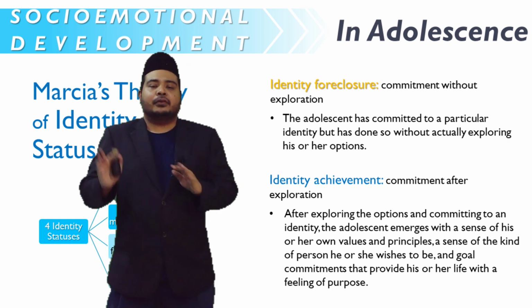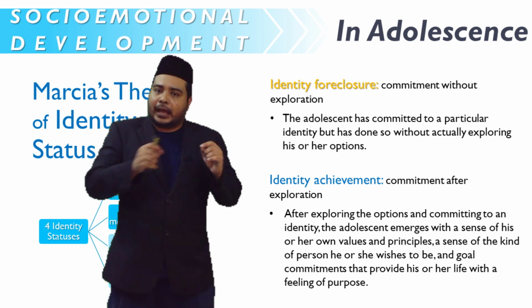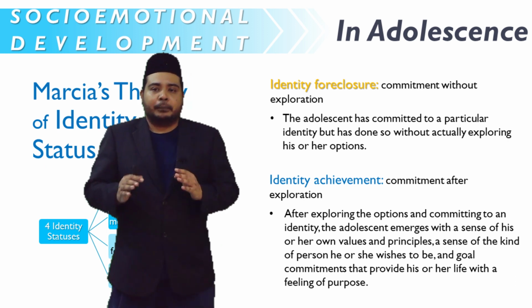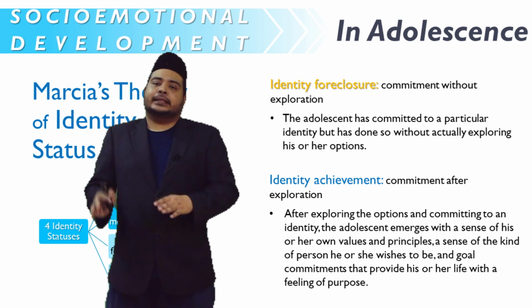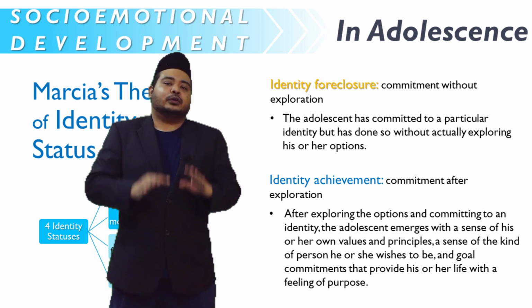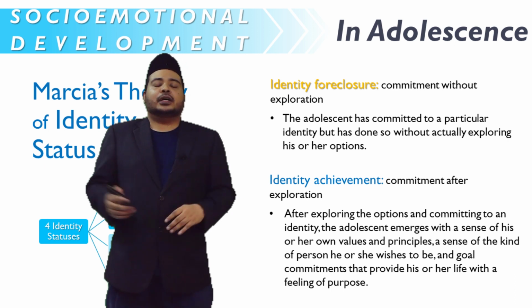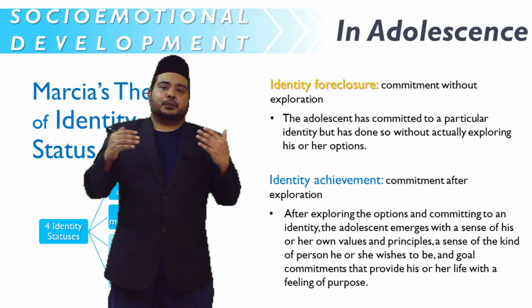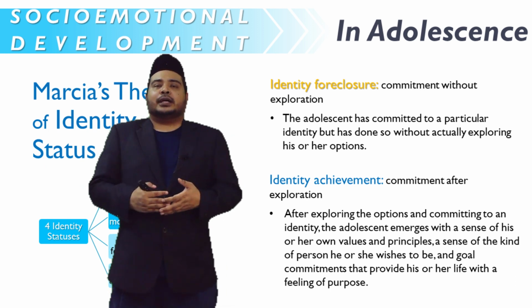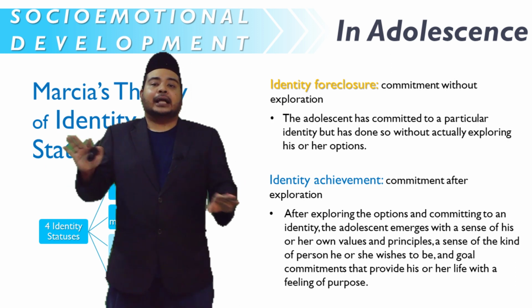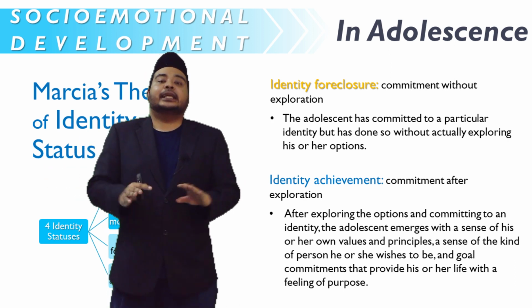The third status, identity foreclosure. Commitment without exploration. At this stage, the adolescent has committed to a particular identity, but without actually exploring his or her options. So their perceptions are limited, their exposure is limited. They decide who they want to be, but they do not explore what other alternative options they can be.